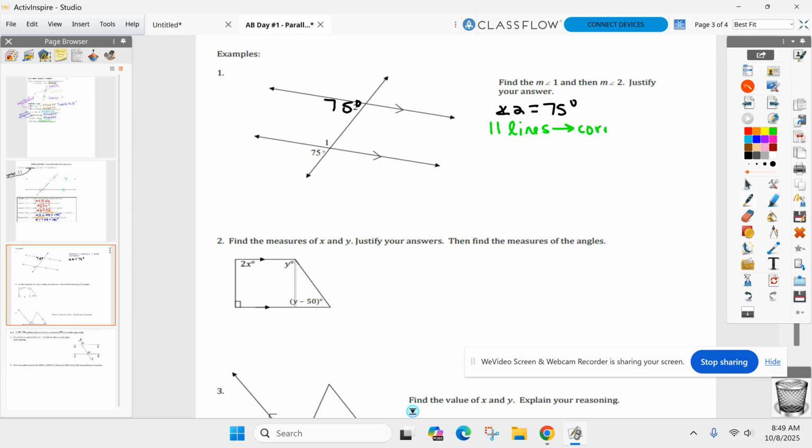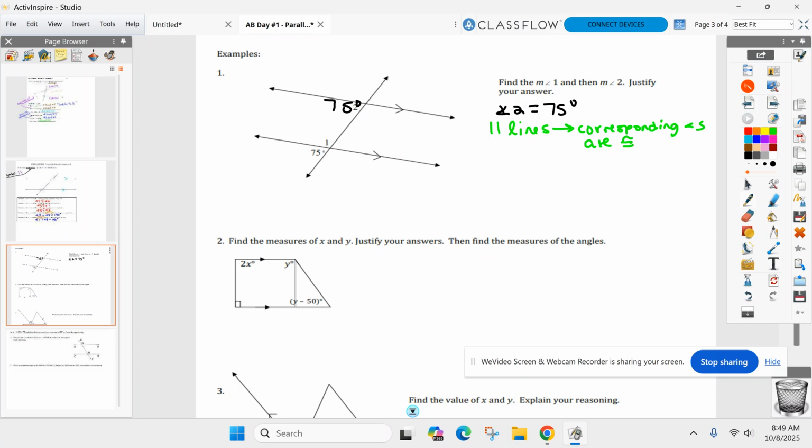Corresponding angles are congruent or supplementary, Eli? Supplementary? I know congruent. Right, you just told me 75 and 75 are congruent.